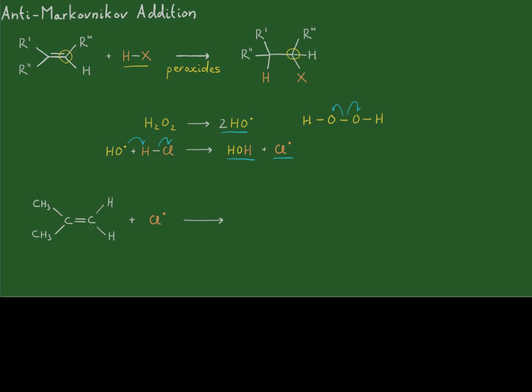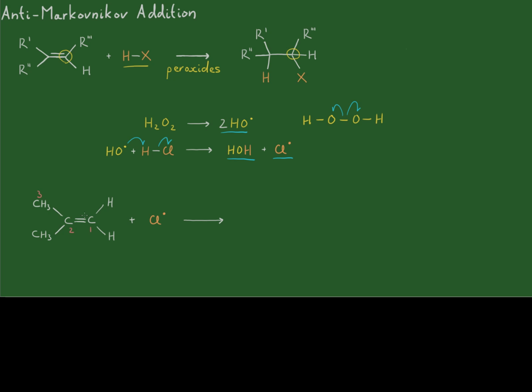So once again, we have 2-methylpropene, and now it is going to react with this chloride radical. So what will happen? The pi electrons of the double bond will play a role.